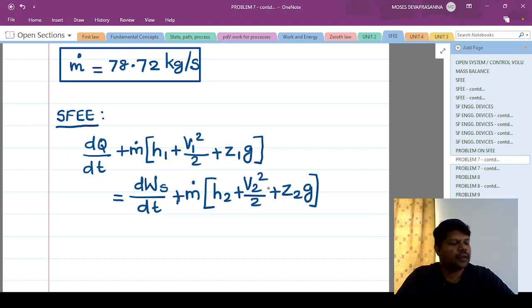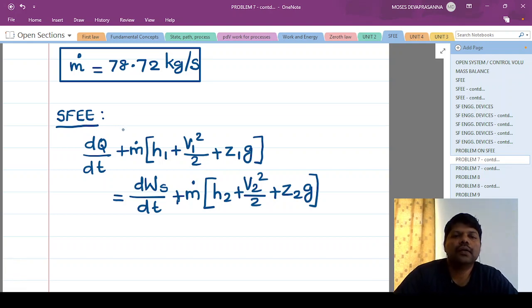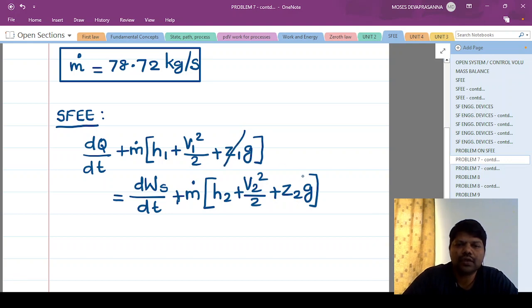In a steady flow device like a diffuser, the values of z1 and z2 are almost equal. So I can cancel out these two terms, z1 and z2. These are the assumptions we make. So what are the assumptions we make for simplifying this steady flow energy equation?